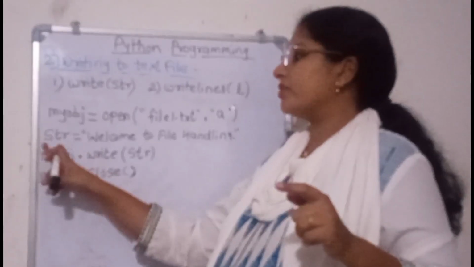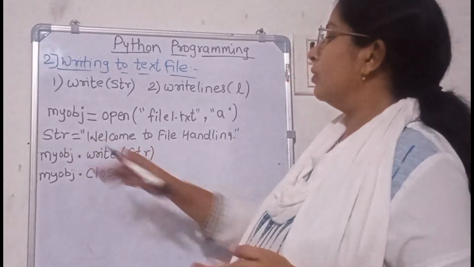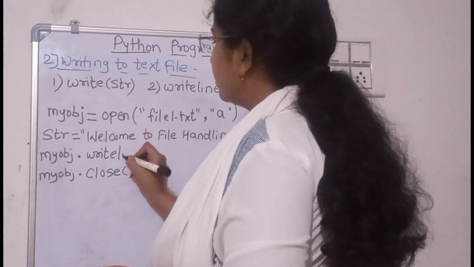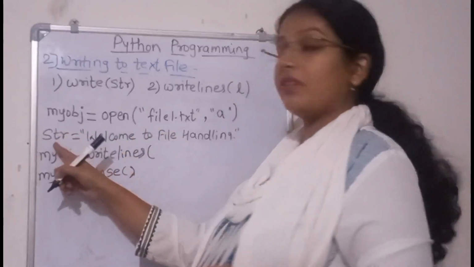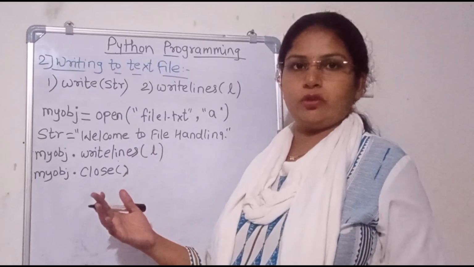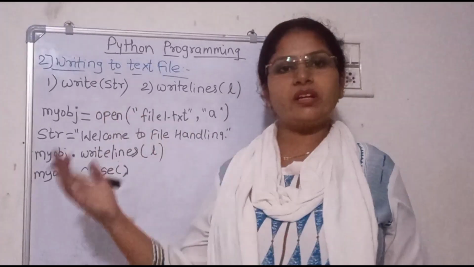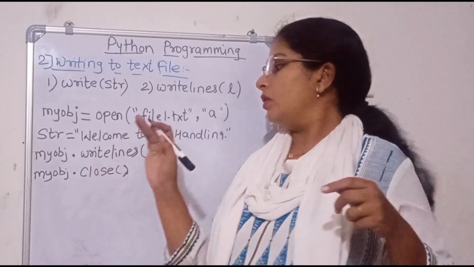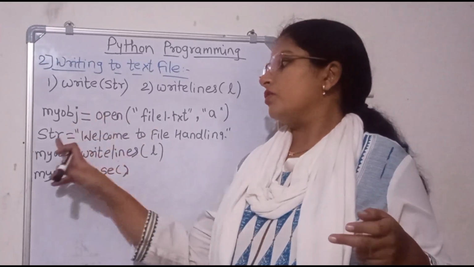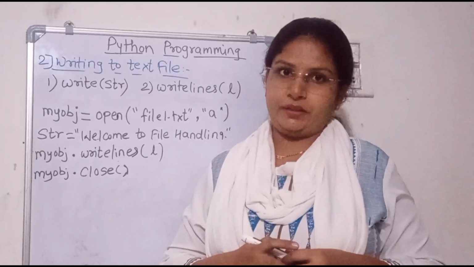So same thing, instead of a string, we are considering the list, and here we are calling the writelines method, and whatever list we have created here with some content will be considered as the argument value which we are going to write. So the same function will be done with either the string or the list. You can first load the content to any data structure, string or list, and then just copy the content to the file using the write or writelines method.